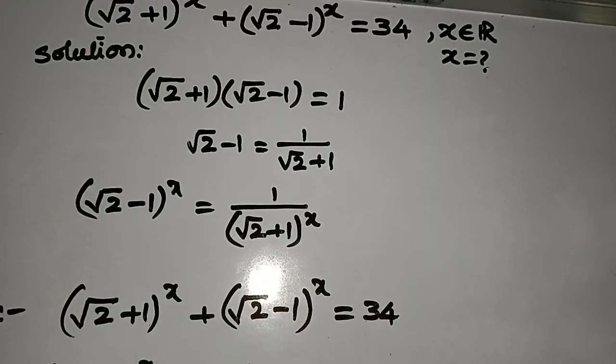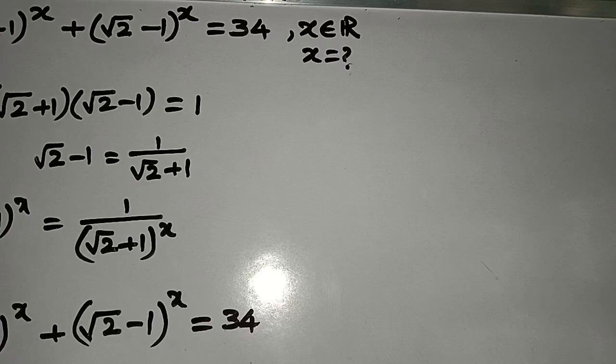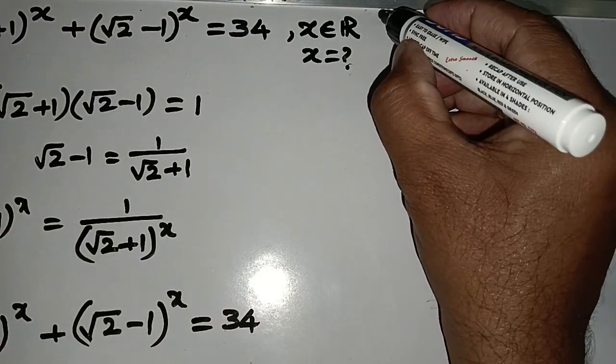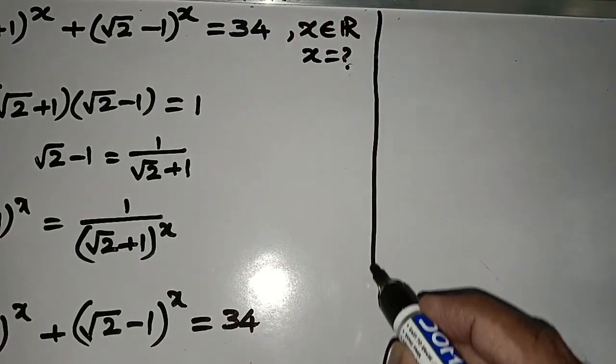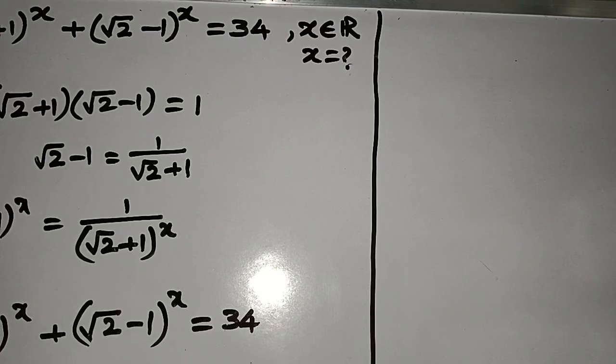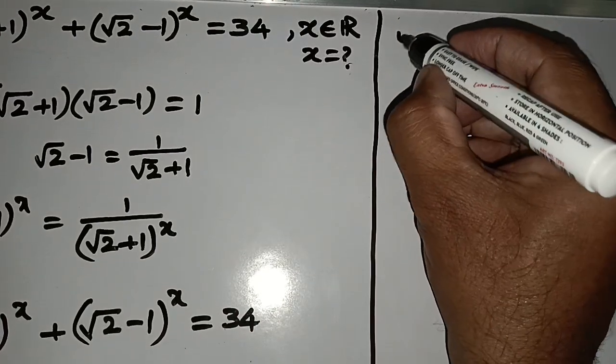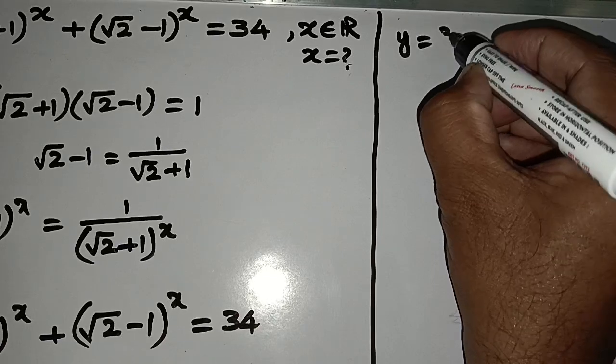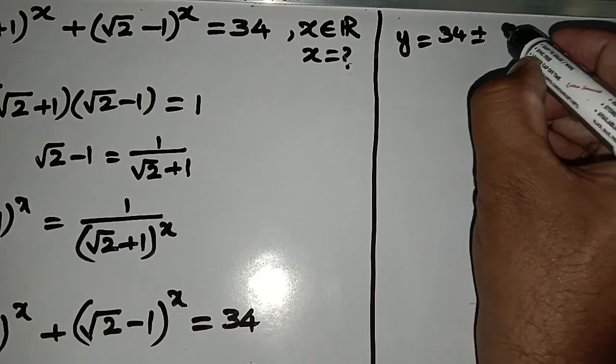These simplifications can be done here. So y is equal to 34 plus or minus.